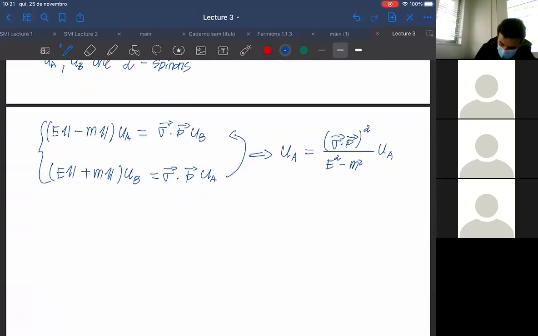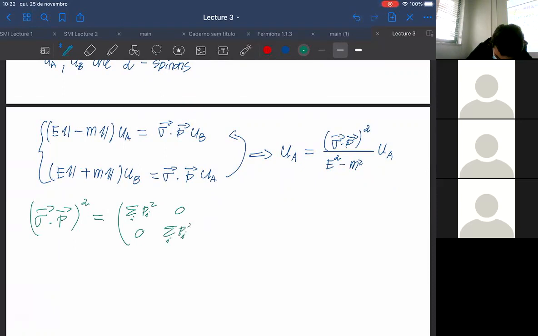So if you expand this sigma dot P squared, it gives the sum of sigma i P i, squared. I will write with sum here to be quicker. So this is just the sum of the three momenta squared, Px squared, Py squared, Pz squared.